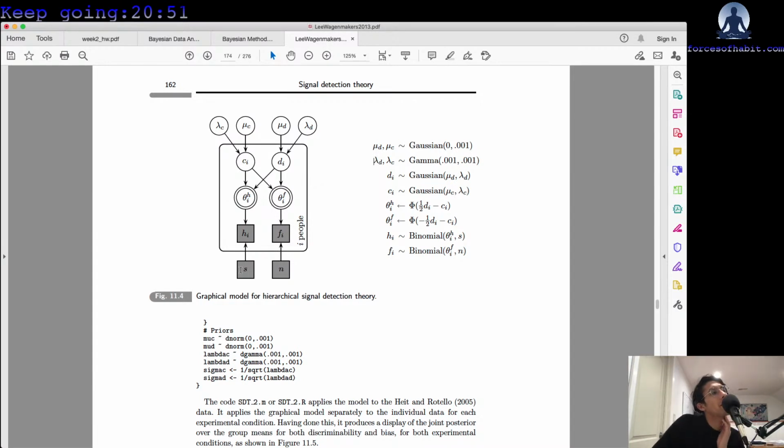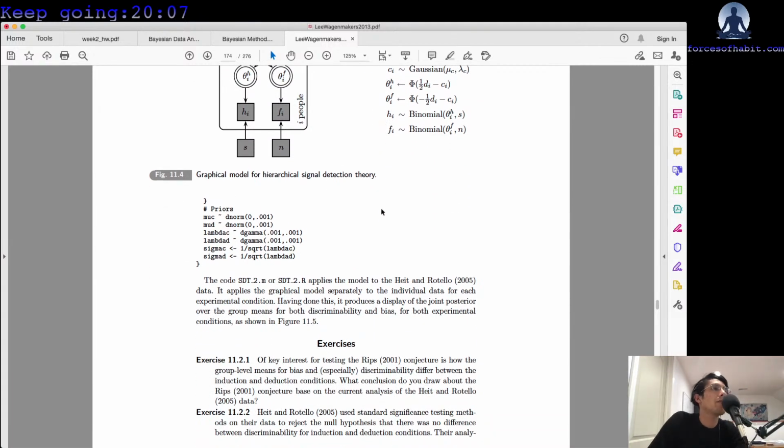So now in this case we have samples of the signal and noise, and we have rates of hits and false alarms, which give us these success rates for the data we observed. And then from that we can describe these fixed effects for bias and discriminability, where individual scores are derived from these distributions.